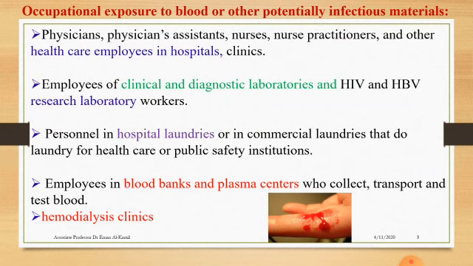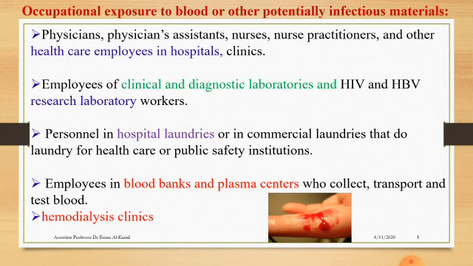Also, it includes people who are working in clinical and diagnostic laboratories for HIV, hepatitis B virus, or hepatitis C virus, or people working in laboratory research for these infections.